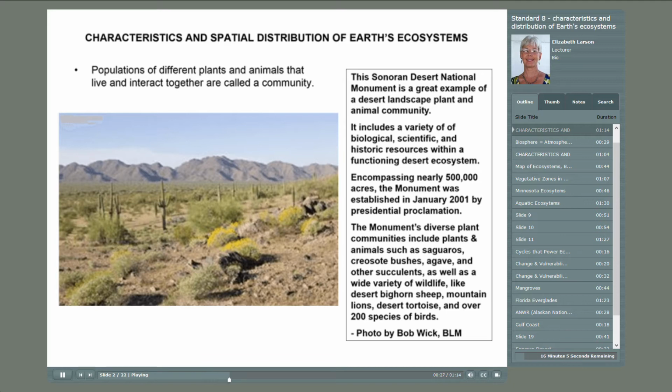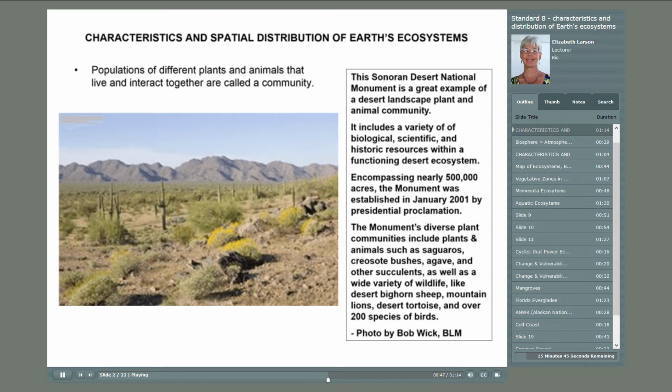On this slide you see a picture of the Sonoran Desert National Monument. It's a great example of a desert landscape plant and animal community. Here in the Sonoran Desert, we see a variety of biological, scientific, and historic resources within a functioning desert ecosystem.